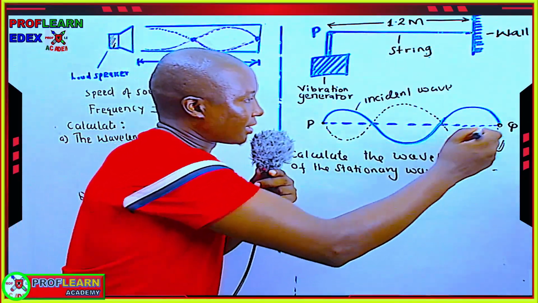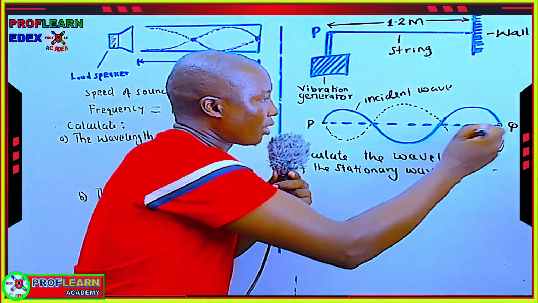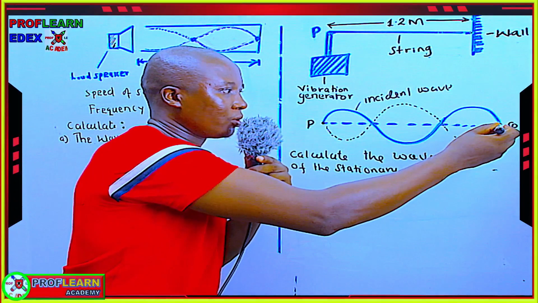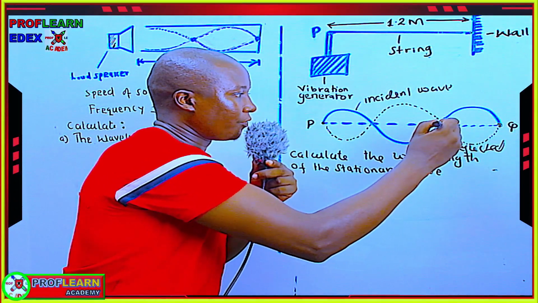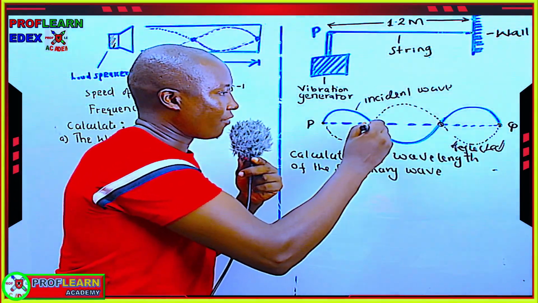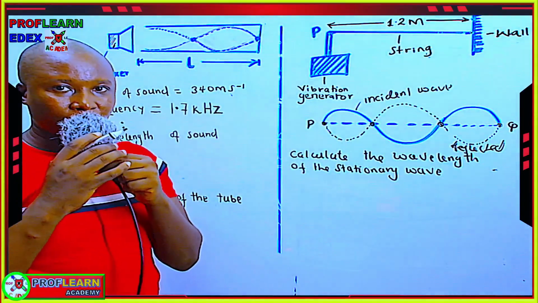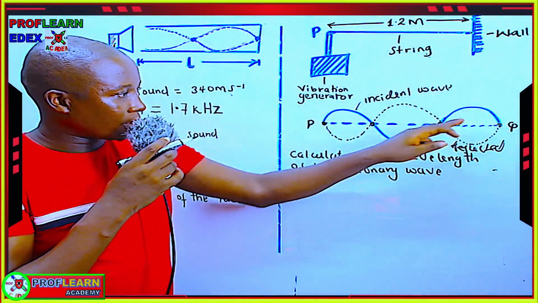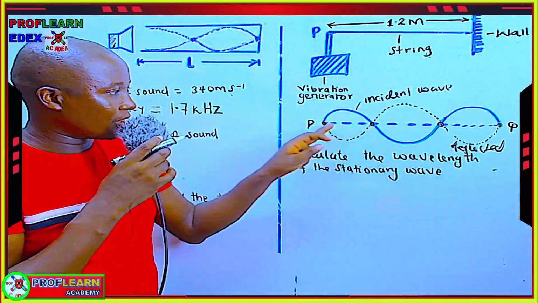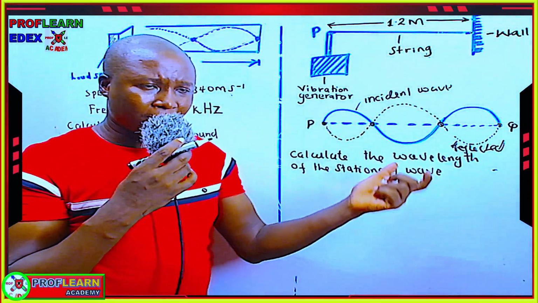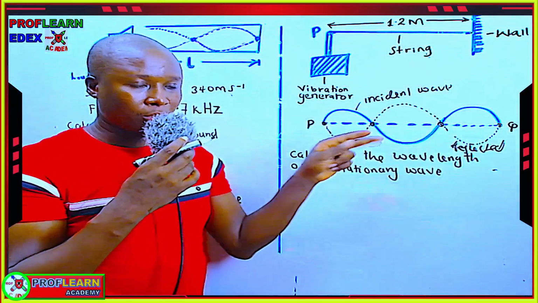So at this point, we are going to have a point of zero amplitude, and also another point of zero amplitude, and another. The particles at these points where we have zero amplitude are not vibrating; they are in the mean position.